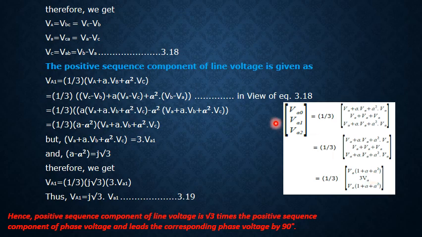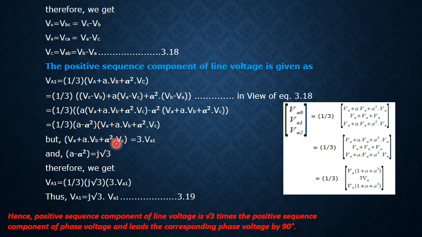So the positive sequence line voltage, in terms of phase voltage, will be 3 times that particular value. Here, instead of writing this entire equation, I am going to simplify it to 3 into the phase voltage value. As we already know, the value of A minus A square is equal to j root 3.